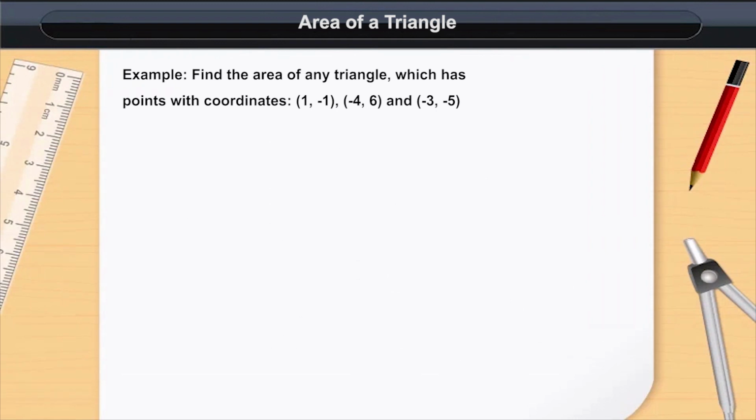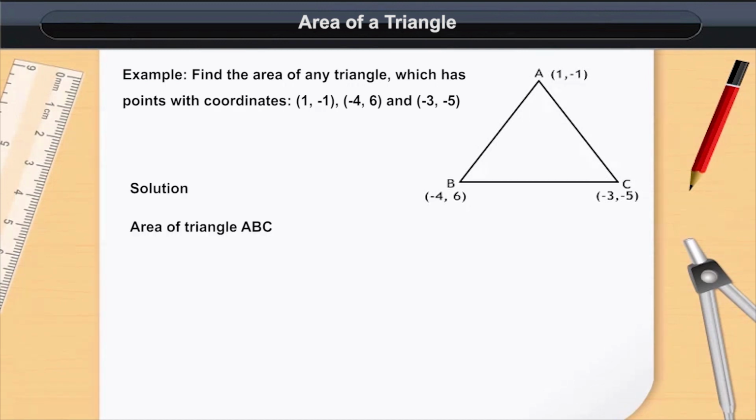Example: find the area of any triangle which has points with coordinates (1, minus 1), (minus 4, 6) and (minus 3, minus 5).